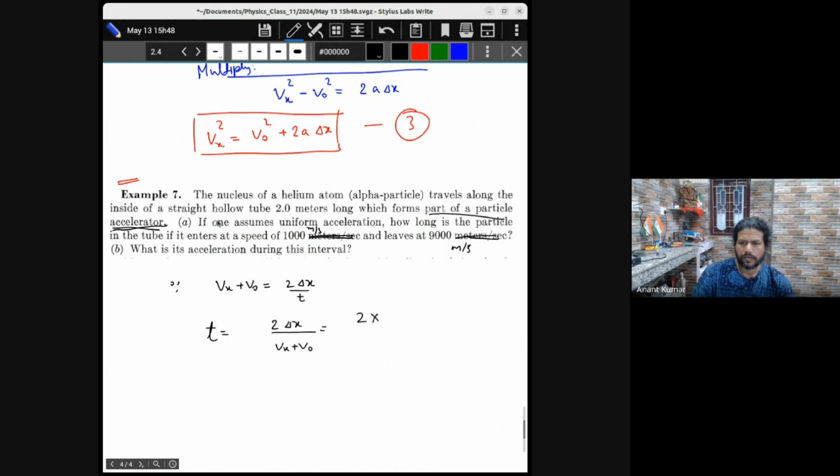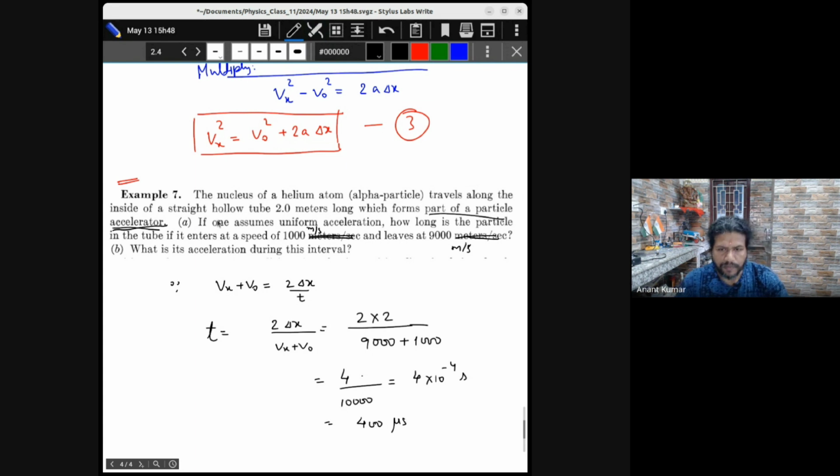You know the displacement to be 2.0 meter, Vx, the final velocity, is known to be 9,000 meter per second, and the initial is 1,000 meter per second. That gives us 4 into 10 raised to the power minus 4 seconds, which is basically 400 microseconds. That's the time it spends within the tube.